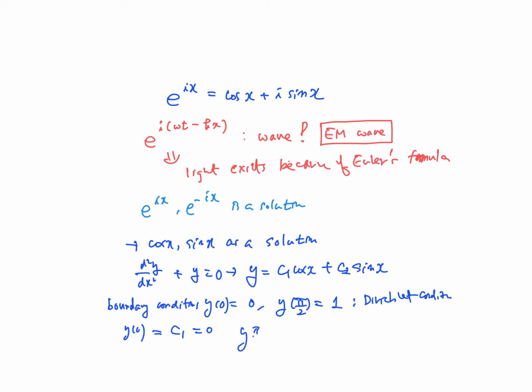From y(pi over 2), C2 is equal to 1. In this case, we have a solution that is just y(x) equals sine x.